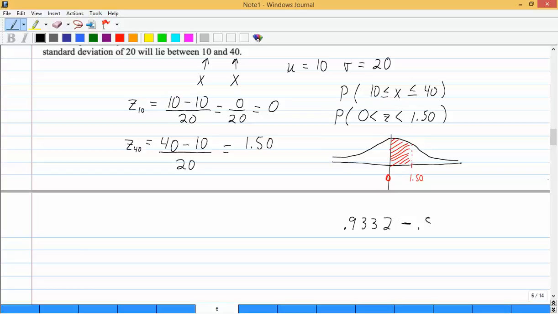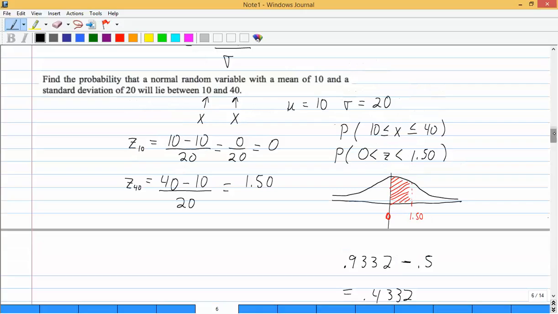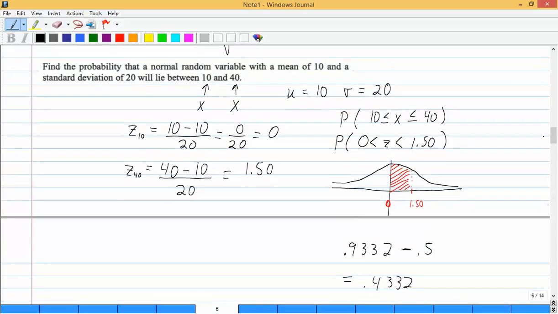So 0.5 is the same as 0.5000. So whatever that answer is, I guess it would be 0.4332. That is the probability that a normal random variable with a mean of 10 and a standard deviation of 20 will lie between 10 and 40.